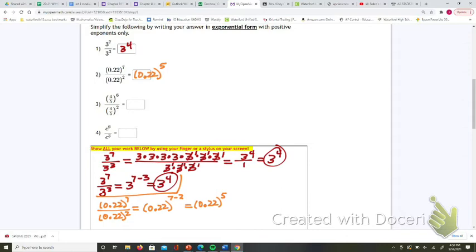Okay, number 3. We have 4/5 to the 6th over 4/5 to the 2nd. Oh, I do not have enough room right there. Hold on. I'm going to do it over here.